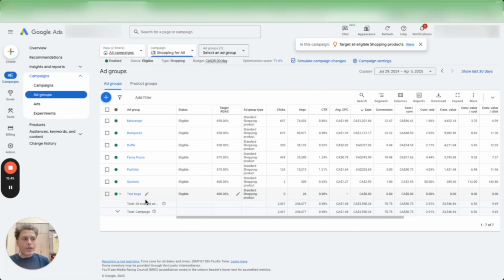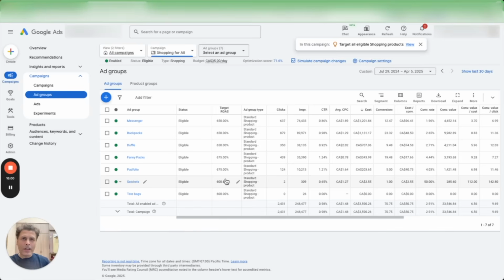So this is going to allow you to set target ROAS for these differently, right? Whatever is performing, you can just decrease the target ROAS. Whatever is not performing, you can just increase the ROAS. So that was mainly the aim.